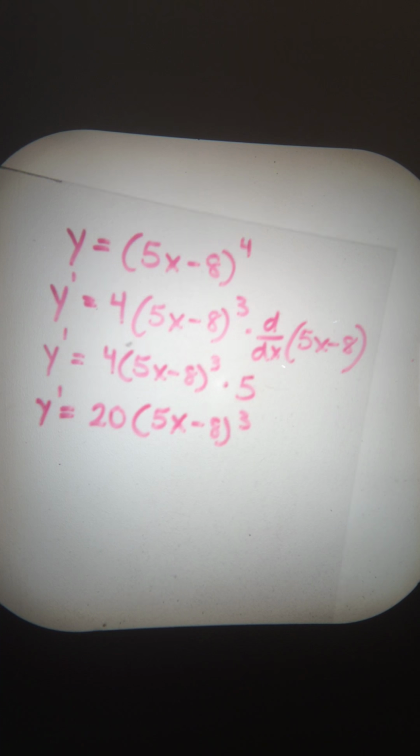Alright, let's look at something that's got trig functions. Don't let this confuse you. Y equals secant of x squared. Find the derivative. So y prime equals secant of x squared times tangent of x squared, because we know the derivative of secant is secant tangent.